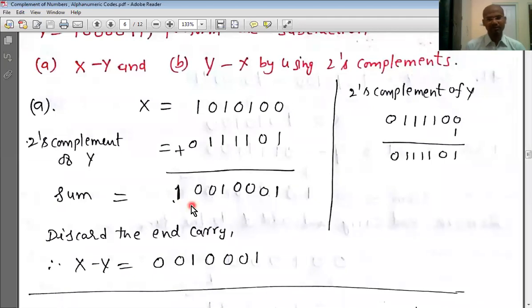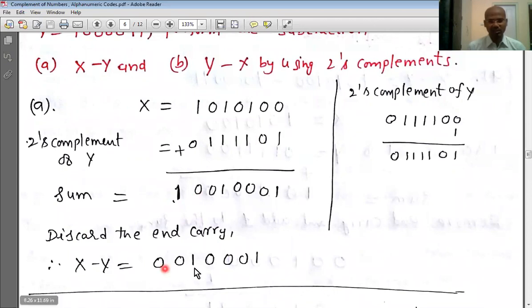If we get a non-zero carry like this, the result of x minus y is positive, and we should ignore this extra bit called the carry. So discard the end carry and consider only the 7 bits.